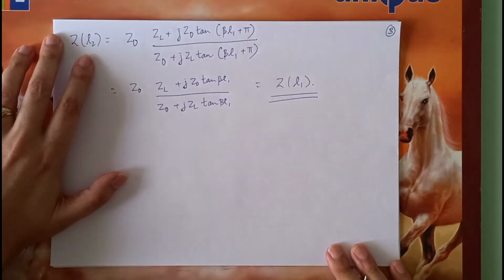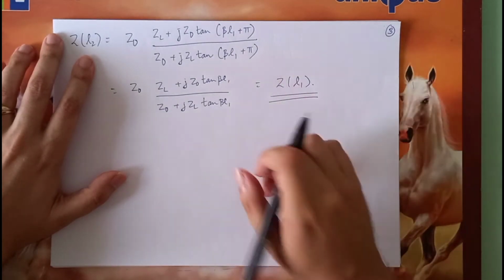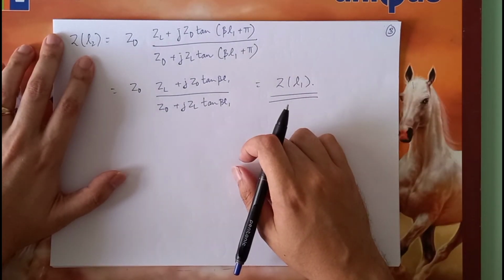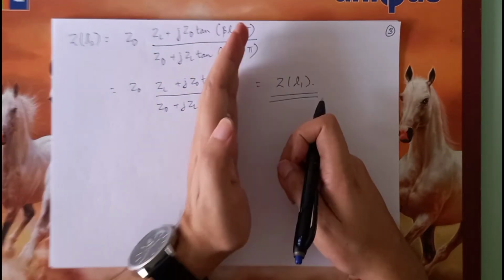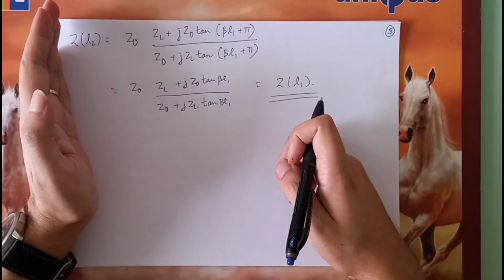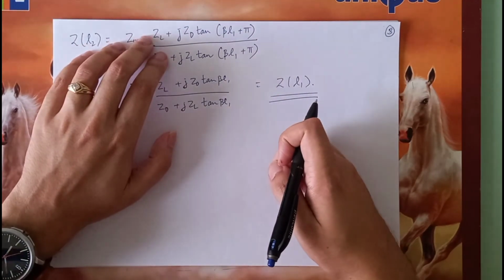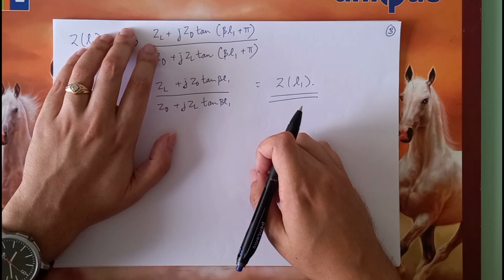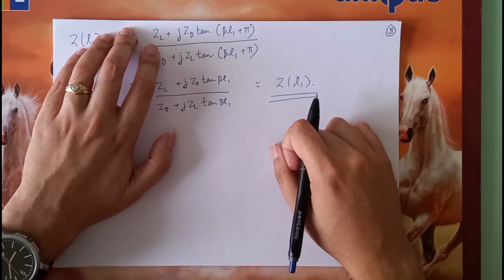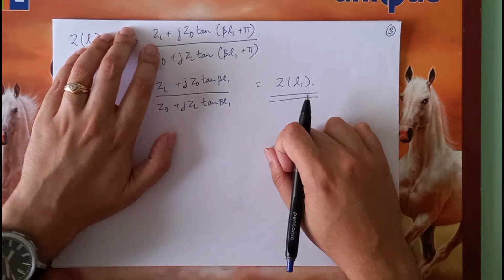So what this means is, if you have a lossless transmission line and you move from one point to another point which is exactly half a wavelength away from the first point, then the impedance would be the same. That is like saying the impedance is effectively repeating after a distance of lambda by 2.